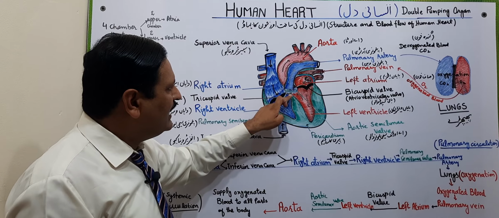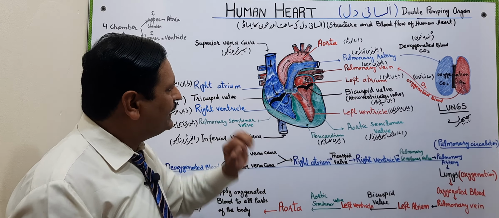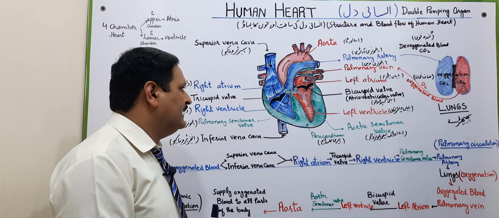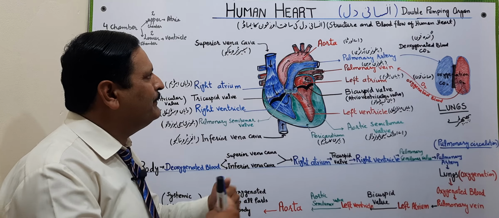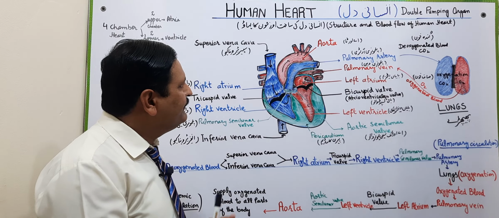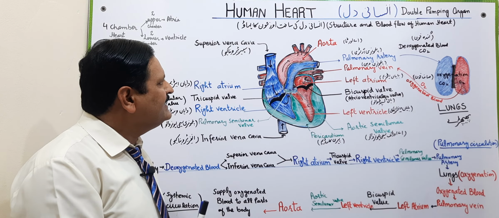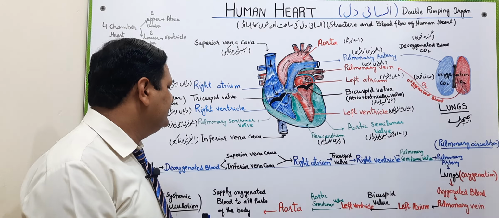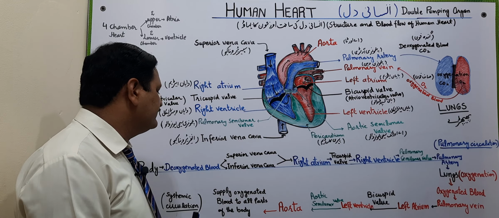In this way, an aortic semilunar valve is also present which also prevents the backward flow of blood, and finally blood moves to the aorta. The aorta is the main artery which carries oxygenated blood and supplies it to all systems and all parts of the body.